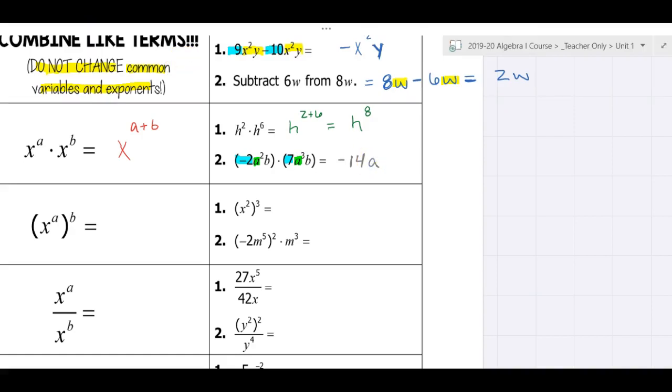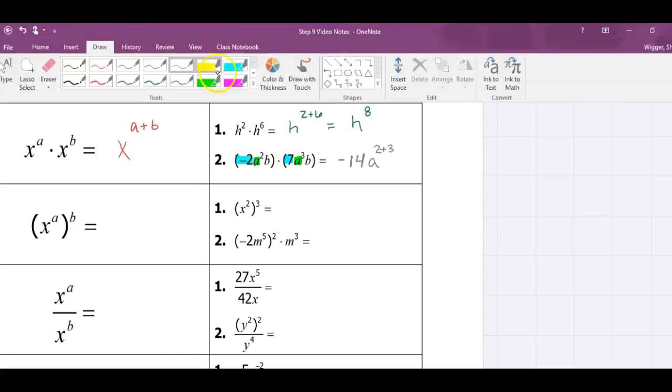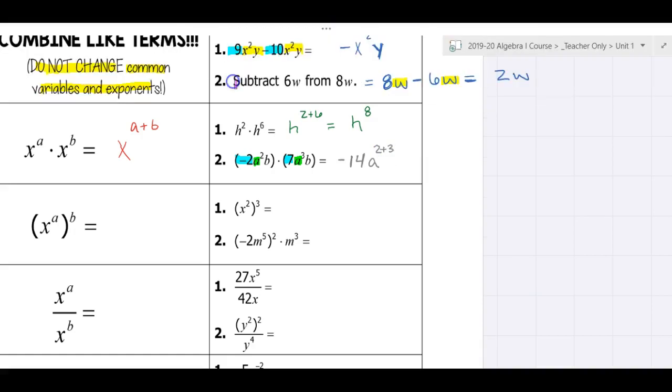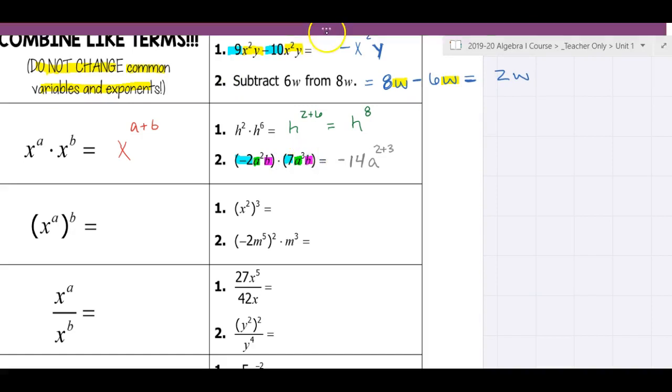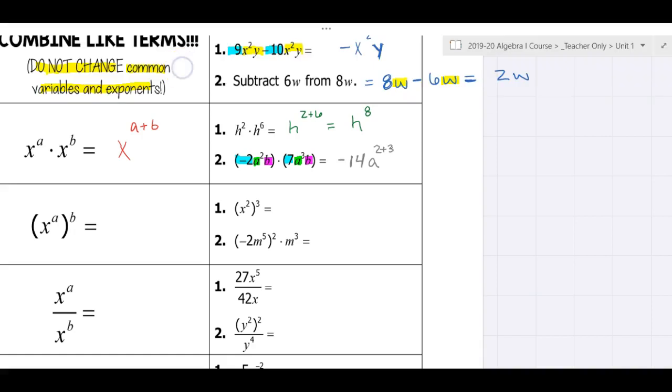And I'm going to add their exponents, 2 plus 3. I have a common base of b. That one has a 1 exponent that's invisible. The other one has an exponent of 1 that is also invisible. So I have base b, exponents of 1 plus 1. Simplified, I have negative 14 a to the 5th b squared.